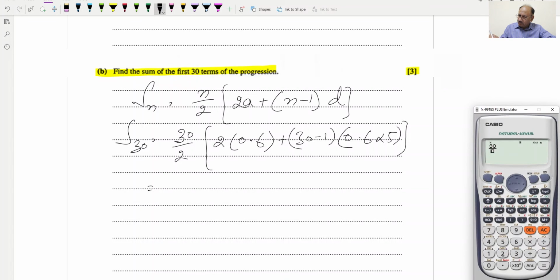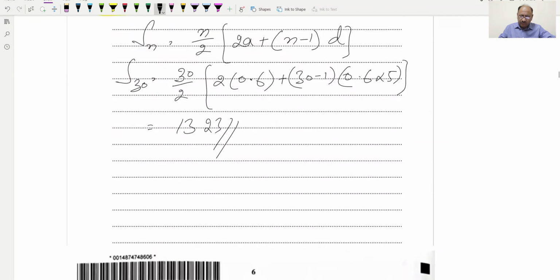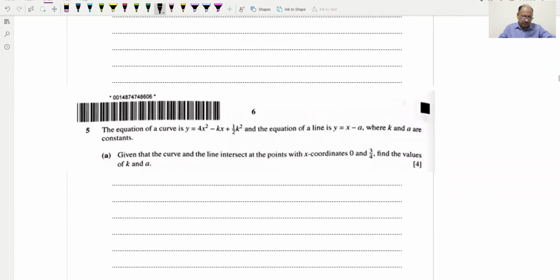This will be 30 divided by 2 bracket, and this will be 2 again bracket 0.6 bracket close, plus this will be 30 minus 1, which we can write directly as 29 in brackets, and the next will be 0.6 multiplied by 5 bracket close and the final bracket close, and this is equal to 1323. And this is the sum of the first 30 terms, and this was a 3-mark question which is done.